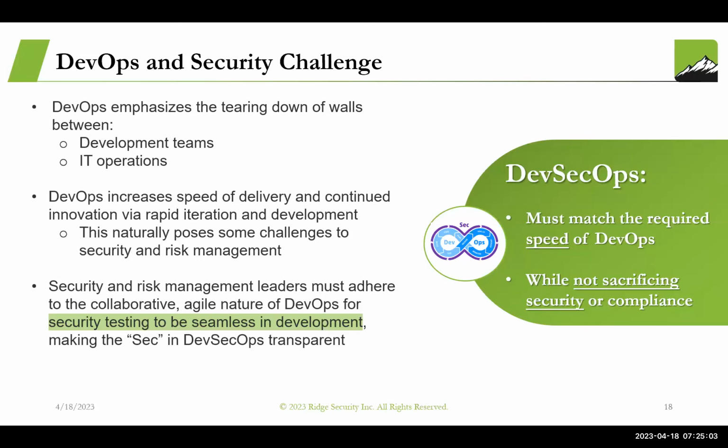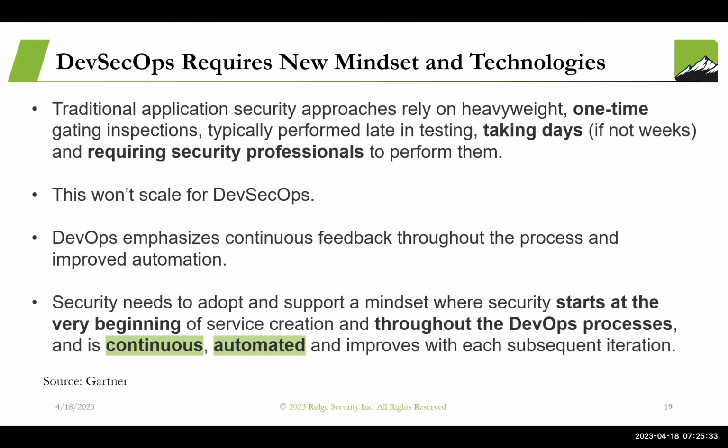So security, of course, must match the required speed of DevOps, which is based on rapid iteration and development. But at the same time, security should not in any way be sacrificed or toned down as a result of this higher speed. So basically what happens is, in order for this to happen, a new mindset and new technologies and processes are required. So let's take a look at that.